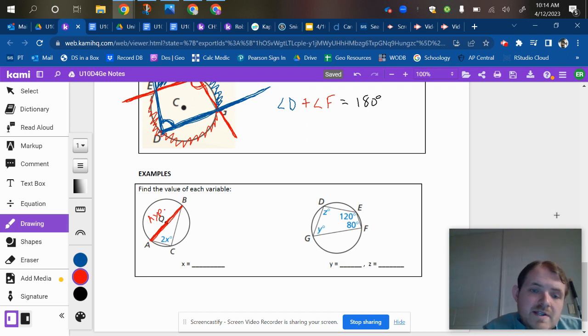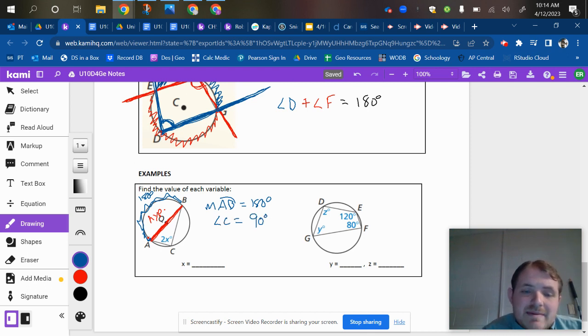So if that's my hypotenuse, then this outside arc has to be 180 degrees. If the measure of AB is 180 degrees, then that angle C has to equal 90. It's got to be half of it.